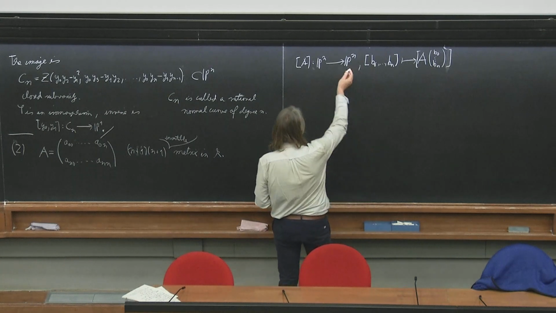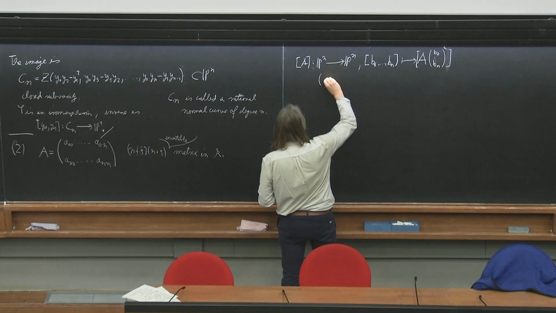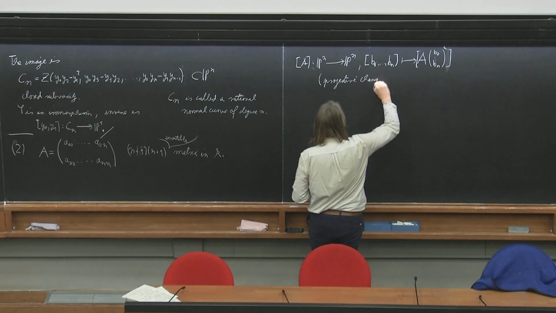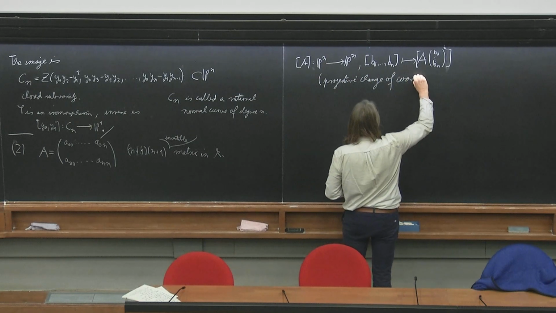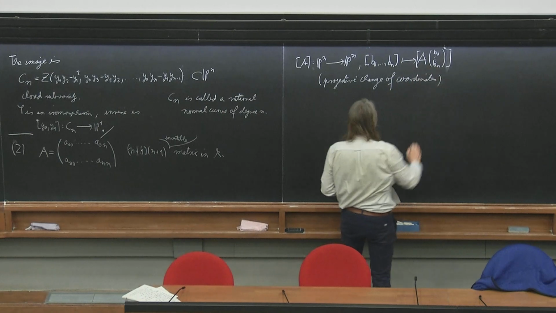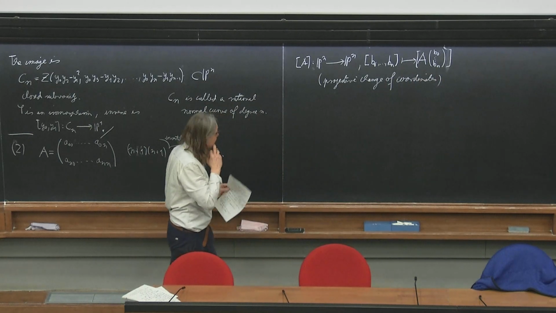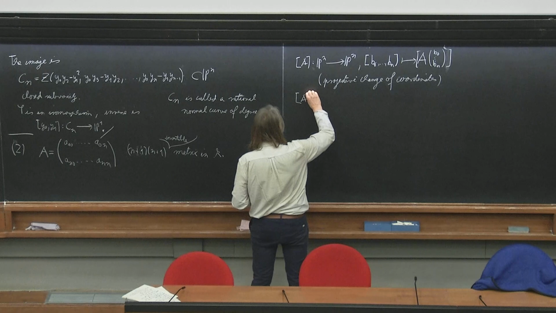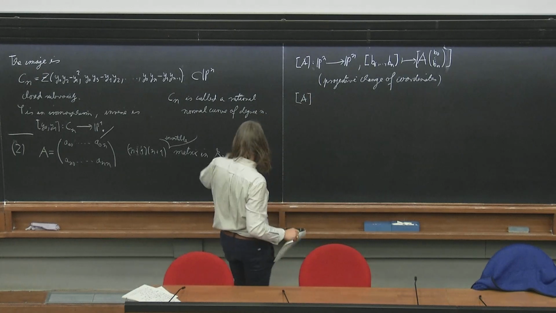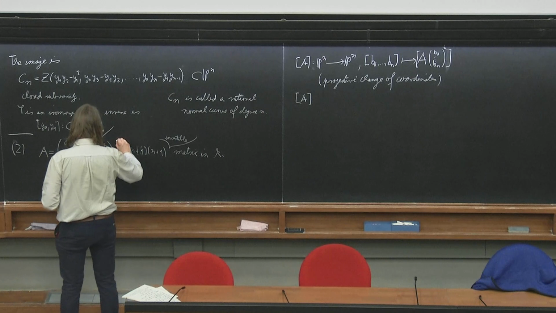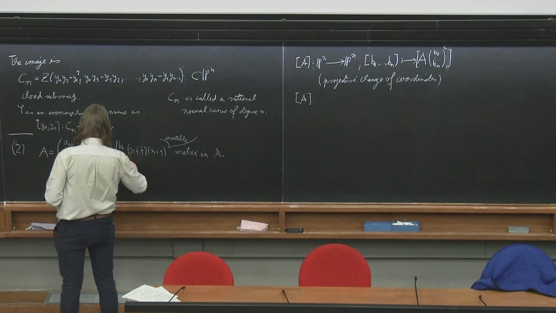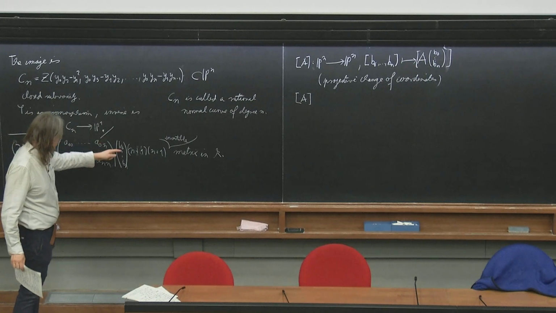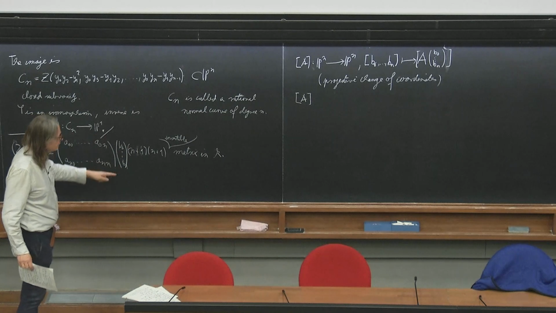This is called a projective change of coordinates. And now I claim this is a morphism because I can write it like this. If I look at this matrix, I have here b0 to bn. Then the image point will be a00 b0, a01 b1, and so on.